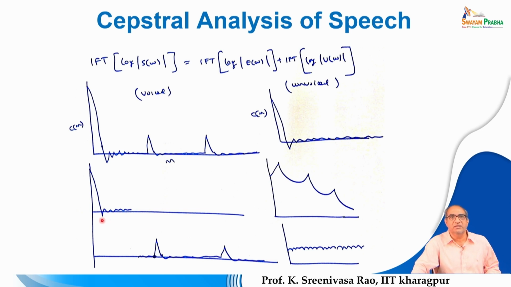Usually, as I mentioned, in the cepstrum signal the initial part corresponds to the vocal tract. So if you analyze the initial part of the cepstrum, the number of coefficients, or the number of samples, will be usually based on p, the linear prediction order.